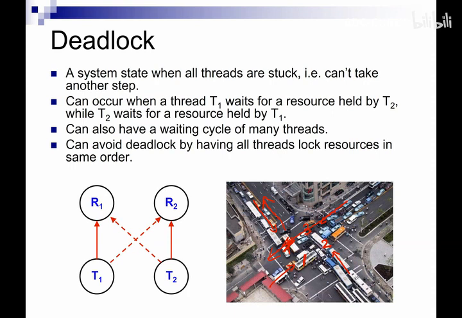The reason locking resources in the same order doesn't always solve the problem is because, for example, you might not even know which resources you need, so you can't get them in the right order.